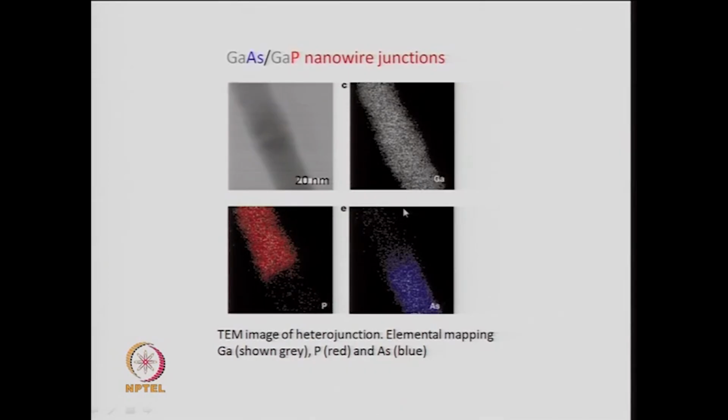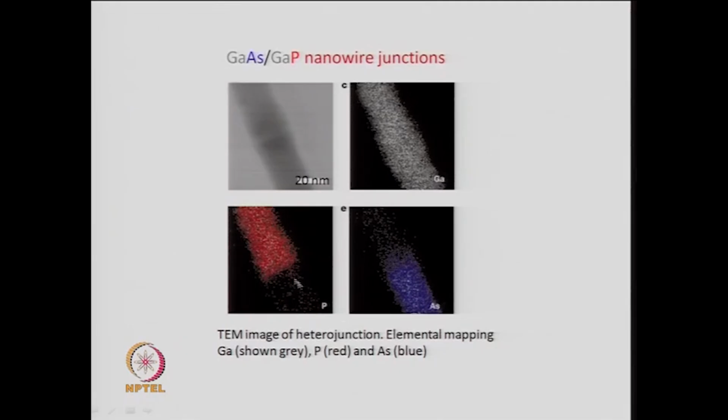Whereas, if you map or look for only phosphorus or only arsenic, then you will see only half the nanowire being color coded. So, for phosphorus, if we choose the red color, we see only this half has got these red spots, suggesting that this part of the heterojunction is made up of gallium phosphide. Whereas arsenic is color coded in blue.